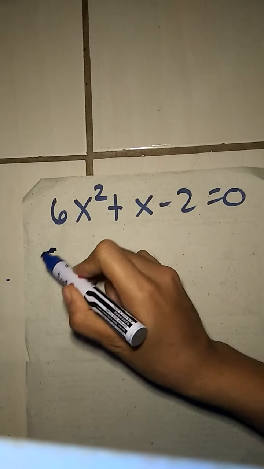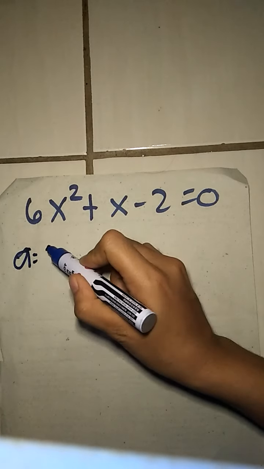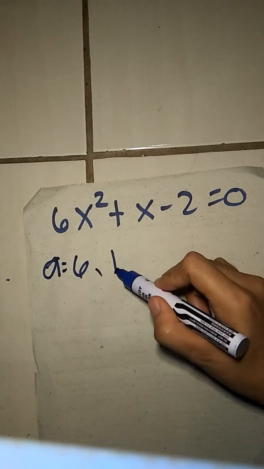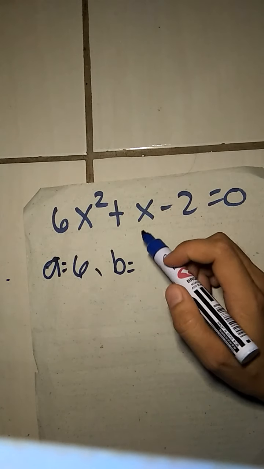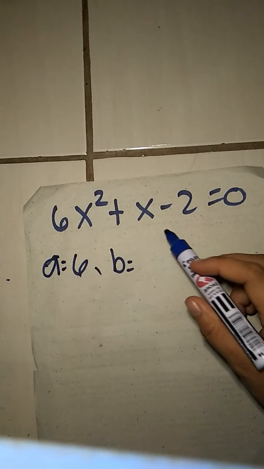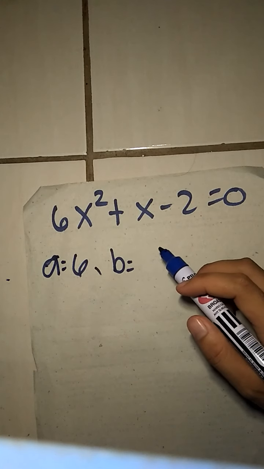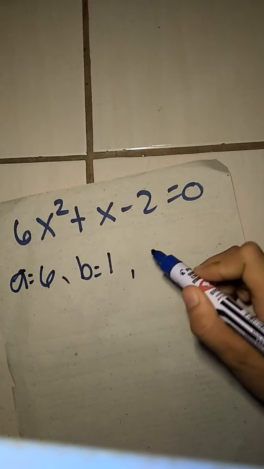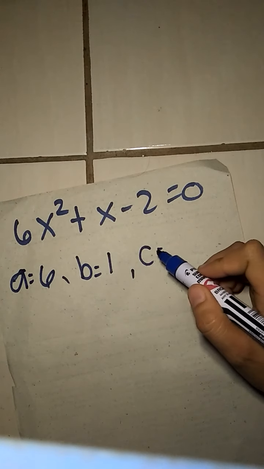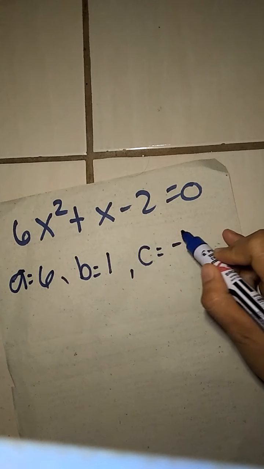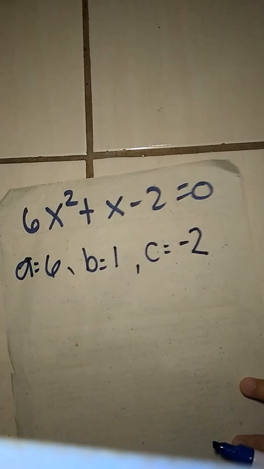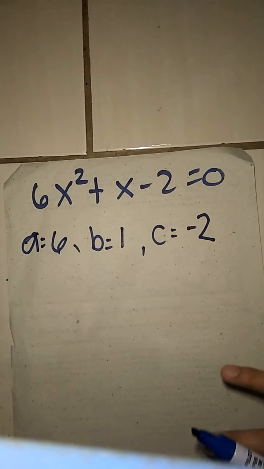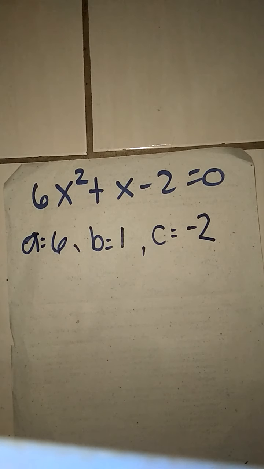Okay, a is 6, right? Then, b is, okay, what is the numerical coefficient of x? Okay, since there is no number, it is understood that it is 1. Then c, the constant is negative 2. Okay, our a is 6, b is 1, and c is negative 2.